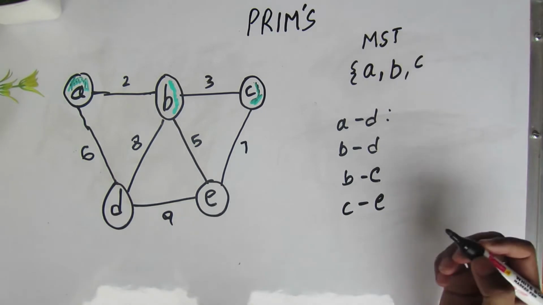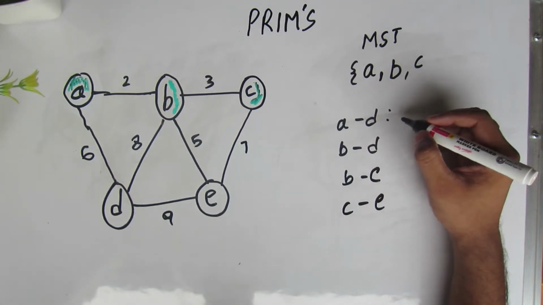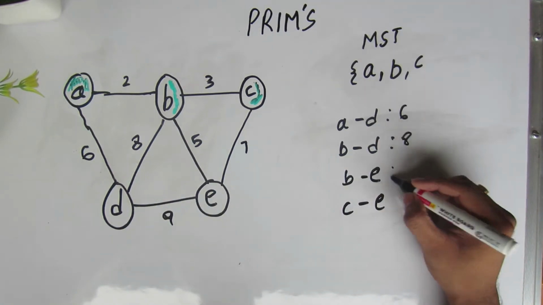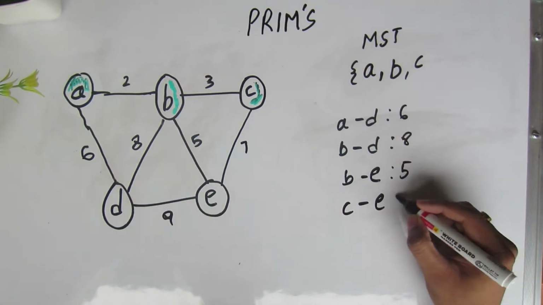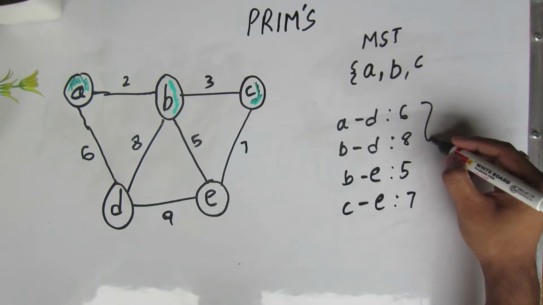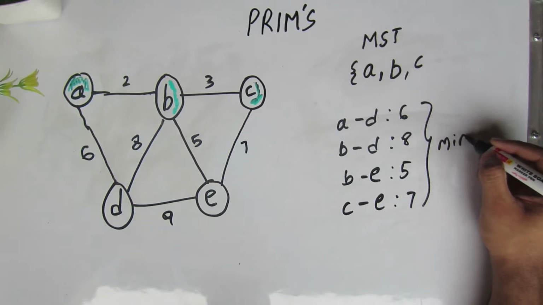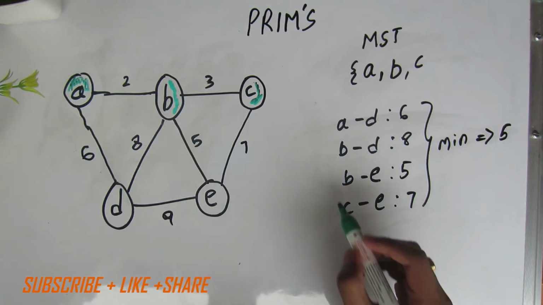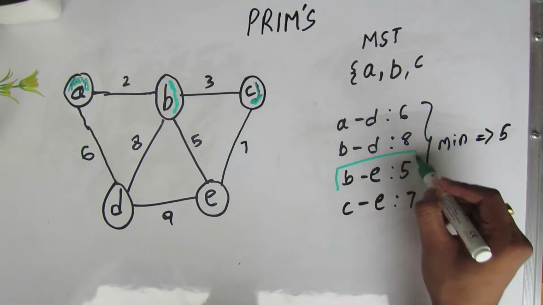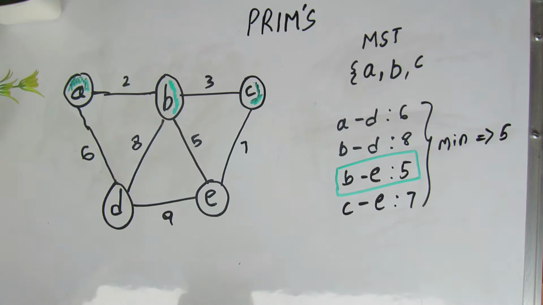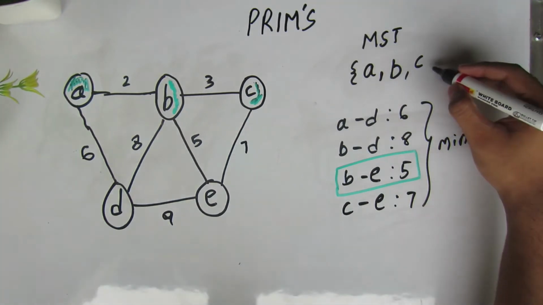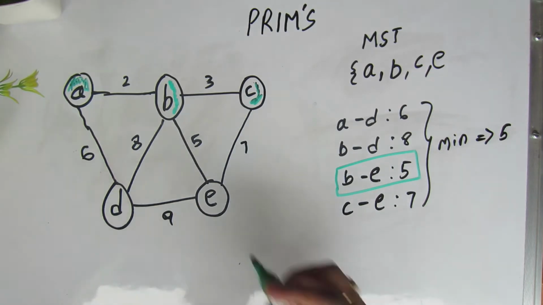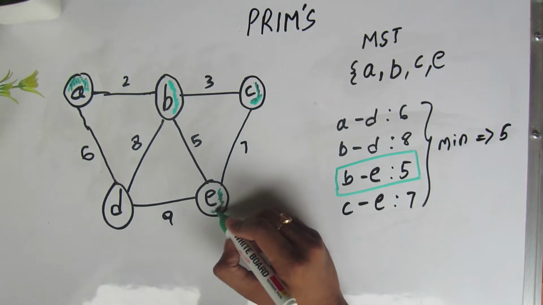Let's consider the weights. A to D is 6, BD is 8, BE is 5 and CE is 7. The minimum of these is 5. So the next span will add E to our global set. So we will add E, and color E as it is already added.